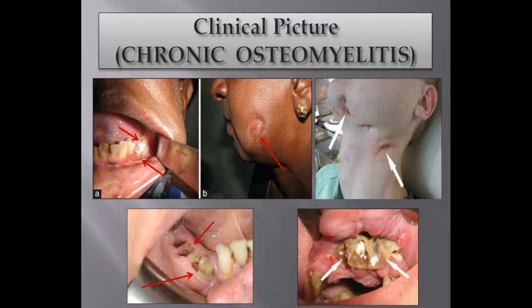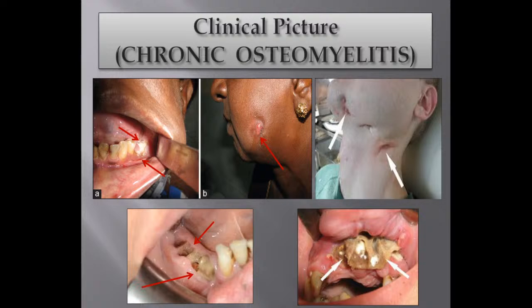It's a clinical picture of chronic osteomyelitis, and it's characterized by periosteal thickening and sequestrum forming. Sequestrums are devitalized pieces of bone. They are pieces of necrosed bone, which act as the nidus of infection.